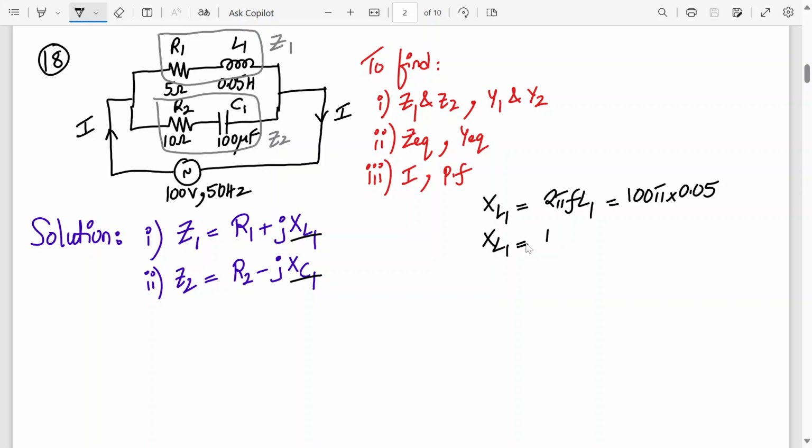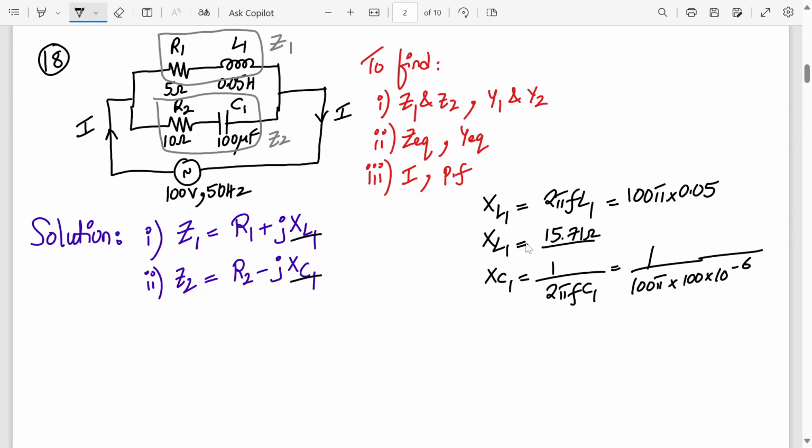So 15.71 ohms is the answer. Also, we need to find Xc1, which is 1 upon 2 pi f C1, which is 1 upon 100 pi into 100 microfarad, so 100 into 10 to the power minus 6.